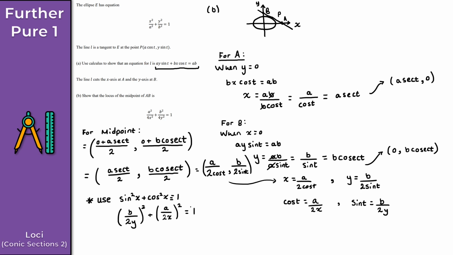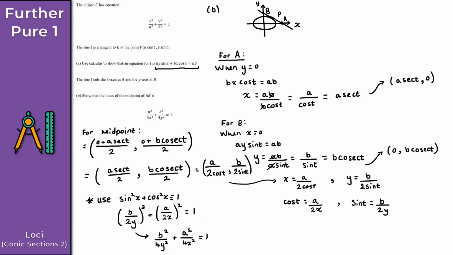So now if we evaluate this, I get b squared over 4y squared. As you can see, this question is quite lengthy. We're pretty much running out of room here, but we're nearly there. I then get a squared over 4x squared is equal to 1.